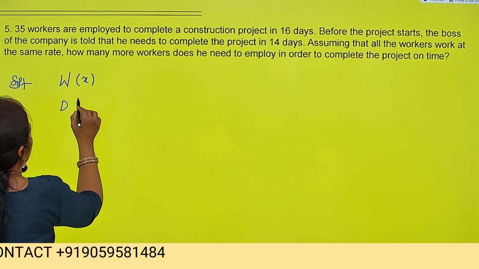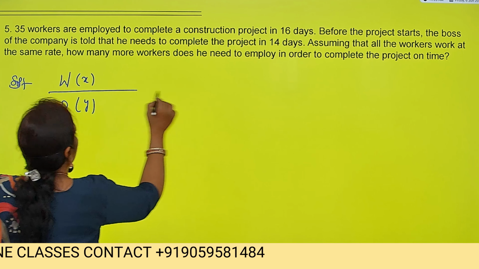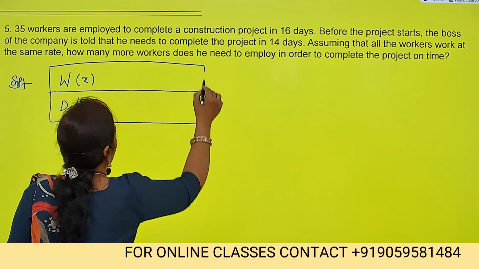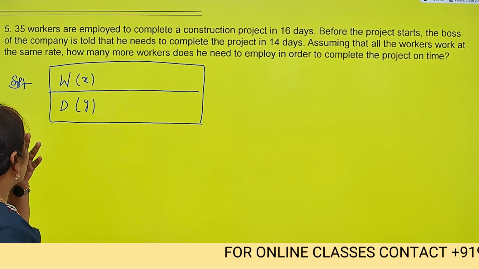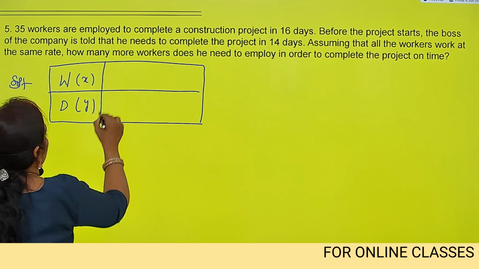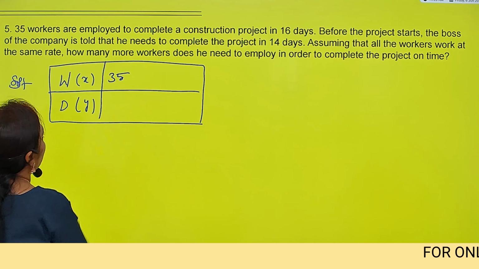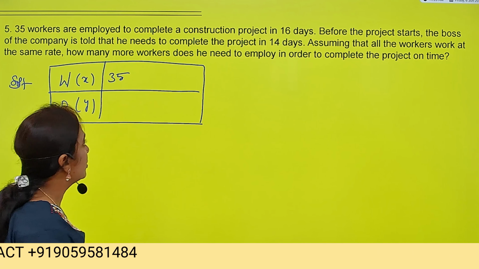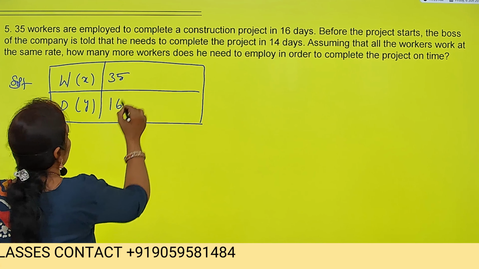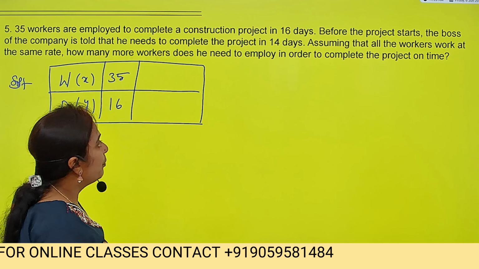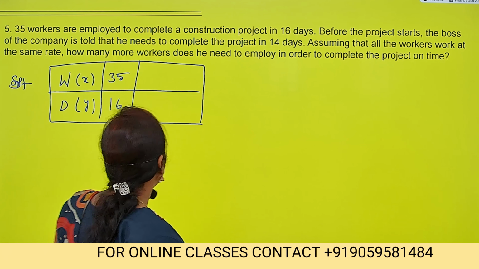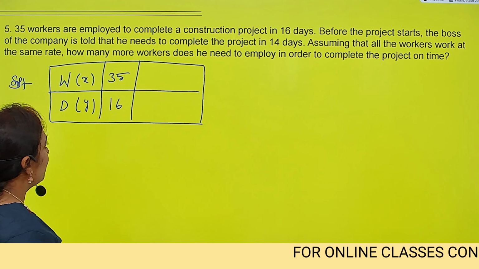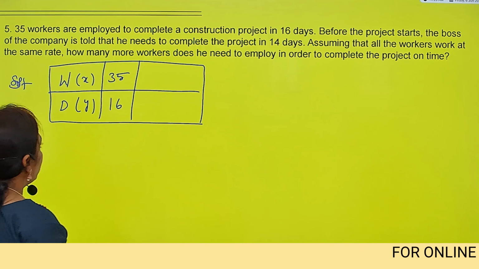Workers, let it be X, days, let it be Y. Before the project starts, the boss of the company is told that he needs to complete the project in 14 days.